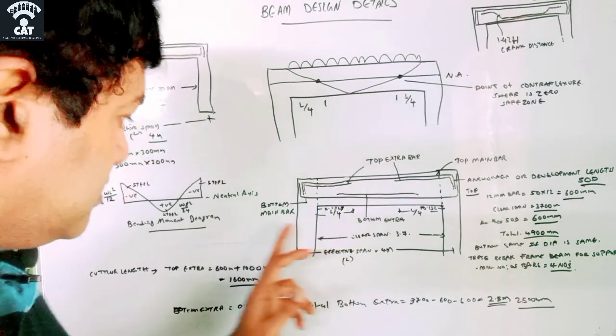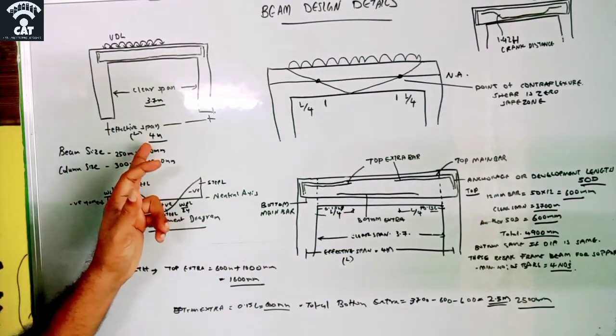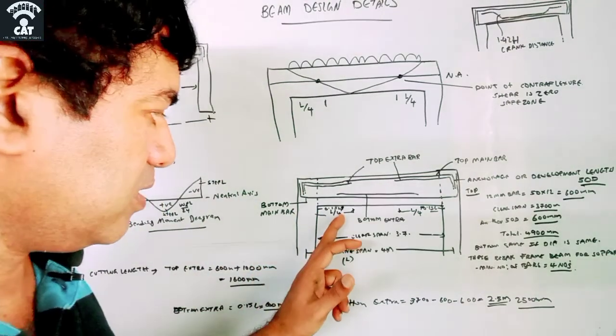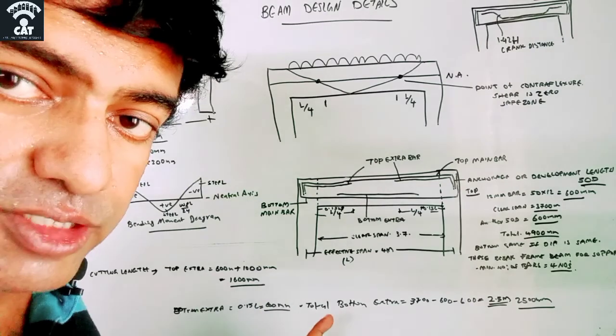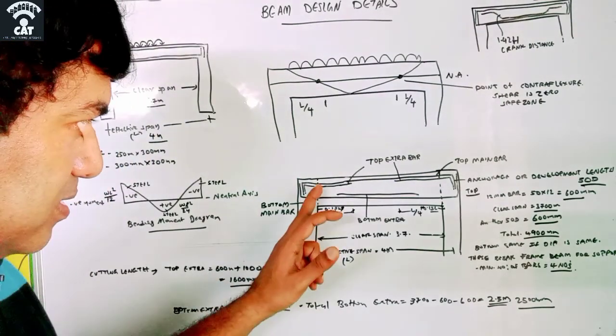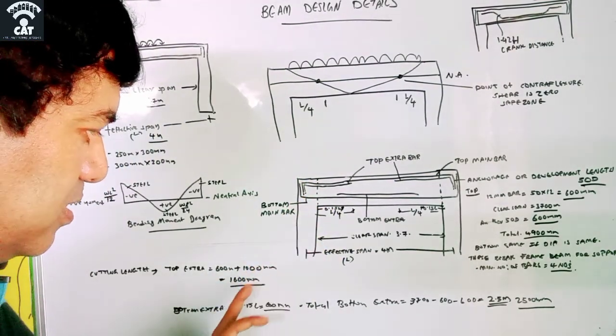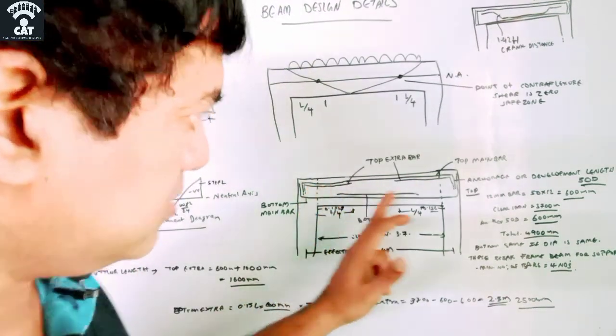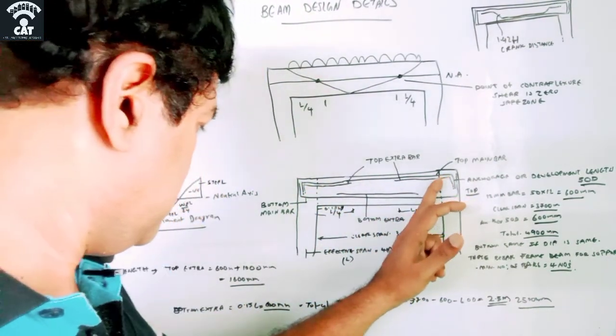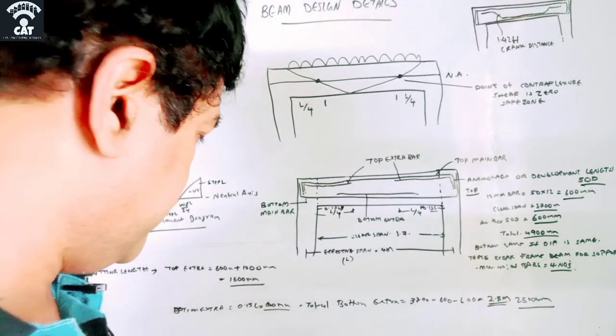L is the free length, that is L is 4 meter, 4 meter by 4 is equal to 1. So the length of the top extra bar is 600 plus 1000 is 1600 mm or 1.6 meter. The same is here also, 1.6 meter or 1600 millimeter.